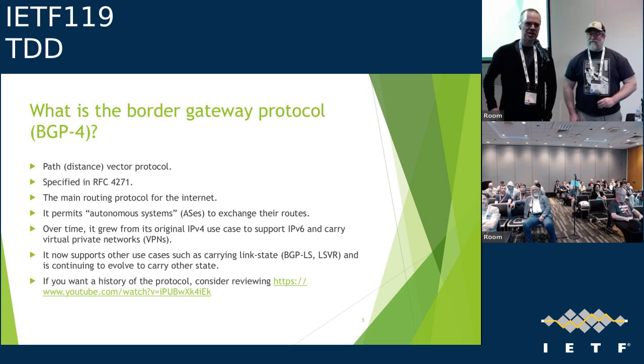It started out as an IPv4-only protocol because IPv4 was the only thing. And it turned out to be extensible enough that we could wedge IPv6 into it, and then we could wedge a lot of other stuff into it, and we just keep wedging things into it over and over again.